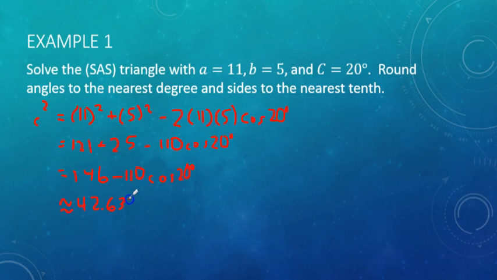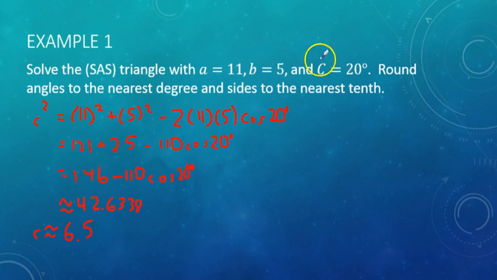What you are actually going to want to do is take the square root of both sides of the equation. So in your calculator, you'll want to find a way to hit square root of the previous answer. That way you're not rounding off some of the decimal places. So then I'm getting C is approximately equal to 6.5. The directions do say round to the nearest tenth.